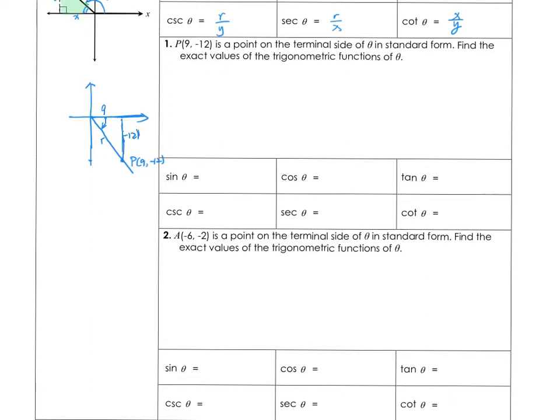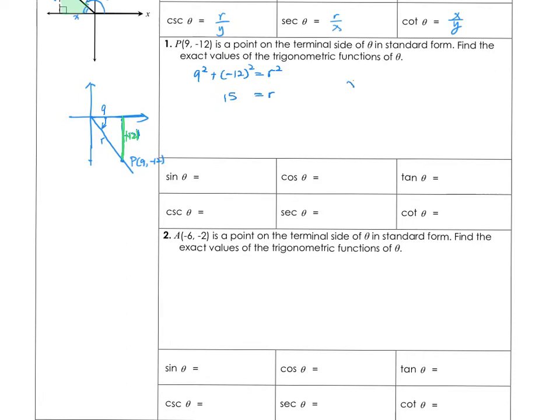Green is the absolute value of negative 12. So now I can use the Pythagorean Theorem to find r, which is 9 squared plus negative 12 squared equals r squared, and r is 15.